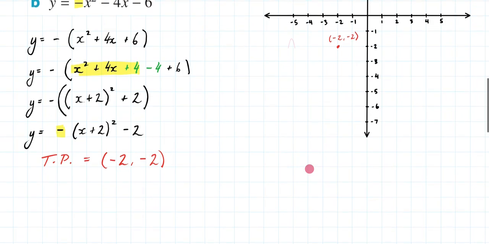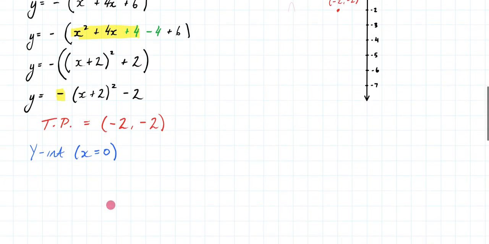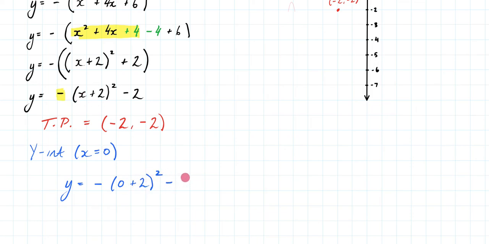To figure out where I'm going to intersect my y-axis, to find my y-int, I'm going to let x equal 0. So then I come down a bit, and I'm going to go y equals negative, and then I could write 0 into that spot, plus 2 squared minus 2, which is the same as saying y equals negative 2 squared minus 2.